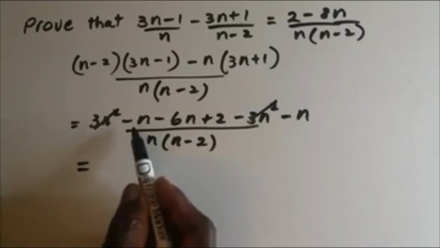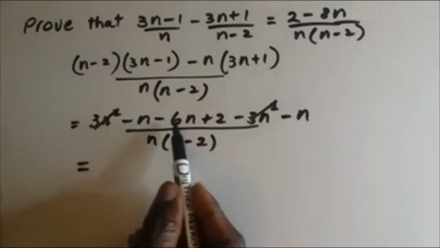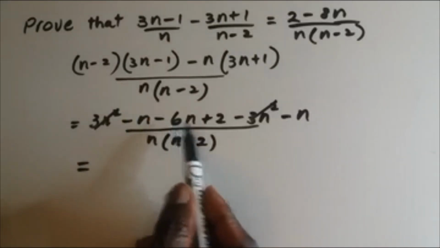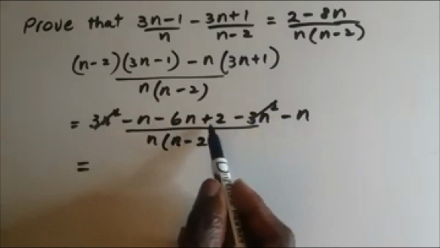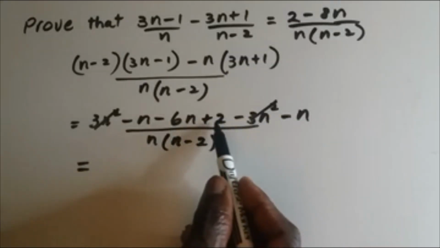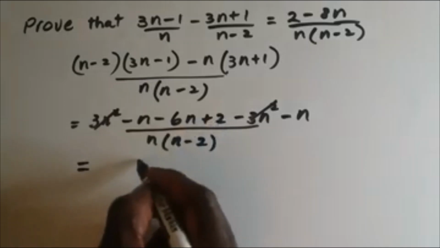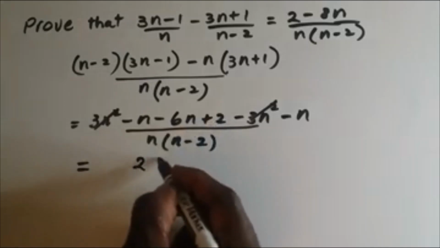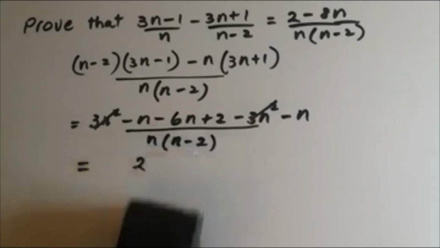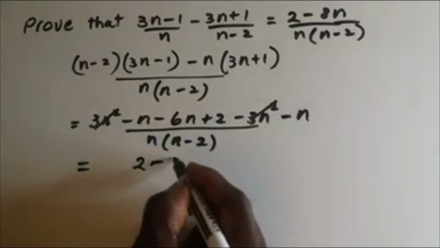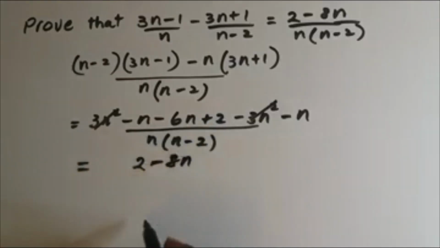What we have is minus n minus 6n, which is minus 7n, and this gives me minus 8n, and we have a positive 2 here. So our numerator now is 2 minus 8n.